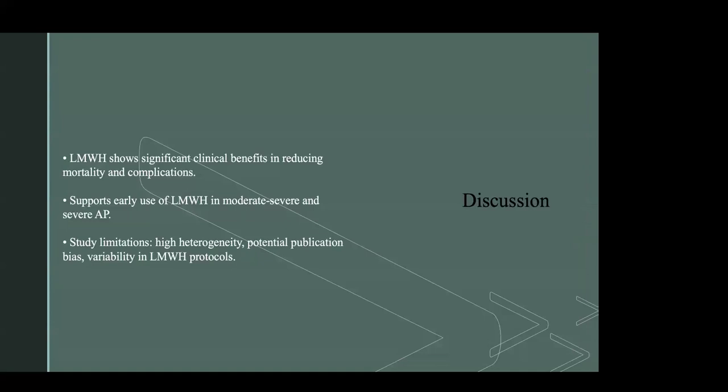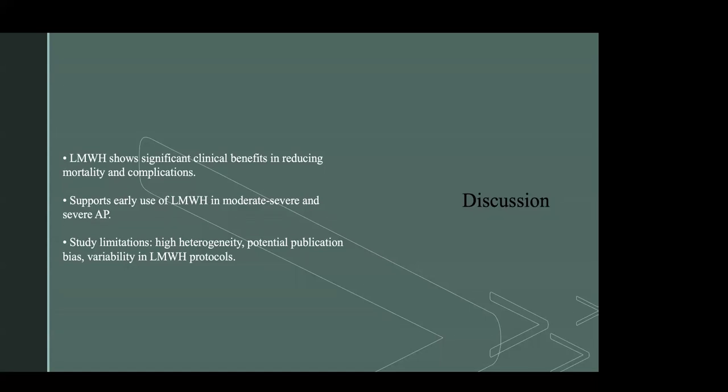Coming to the discussion, low molecular weight heparin has shown significant clinical benefits in reducing mortality and complications. Mortality is decreasing by approximately 56 to 66%, with a consistent effect in favor of the LMWH treatment arm.